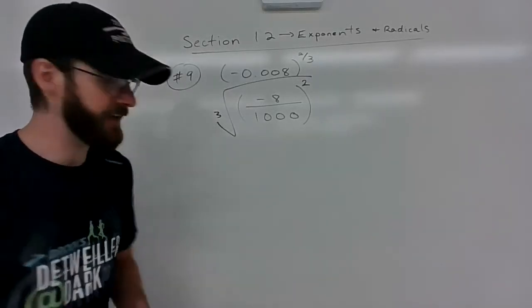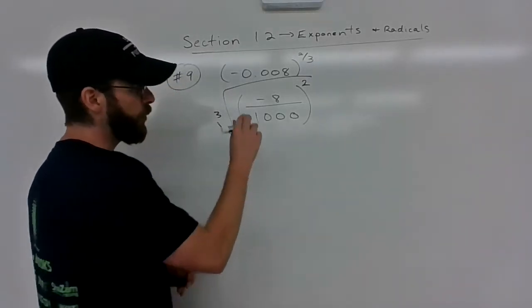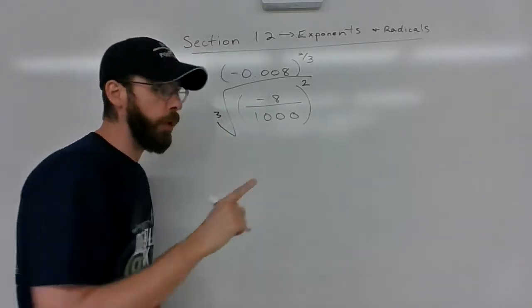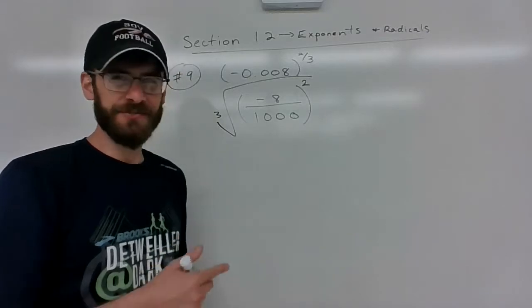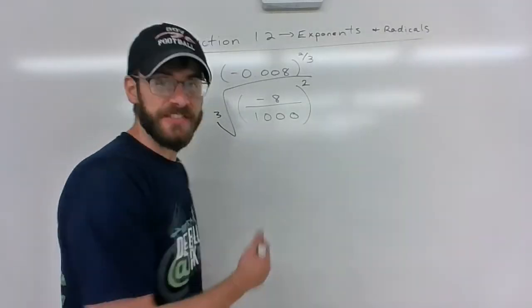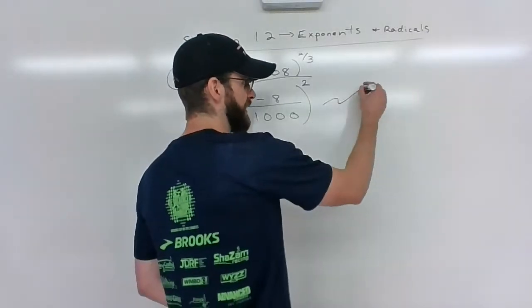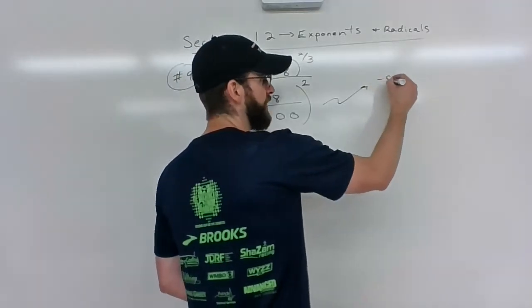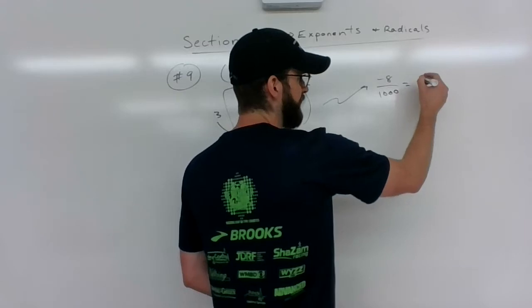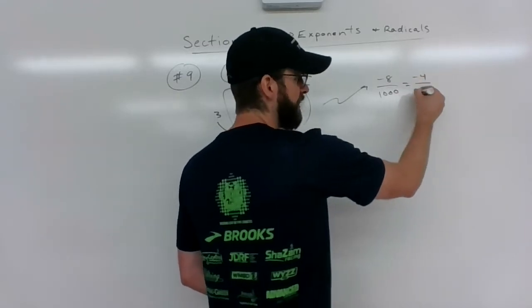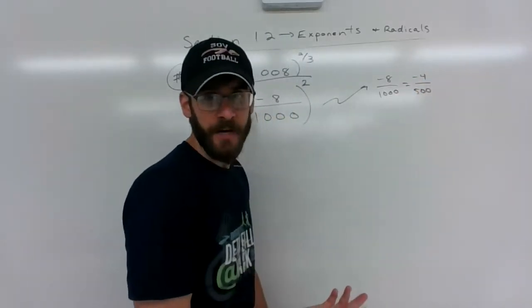So this is interesting. Think about this. When you square a number, hold on. -8 over 1,000, let's just reduce that to its simplest form. So we got a little aside here. -8 over 1,000, just start cutting them in half. Half of 8, 4. Half of 1,000, 500. Still even, keep cutting them in half.